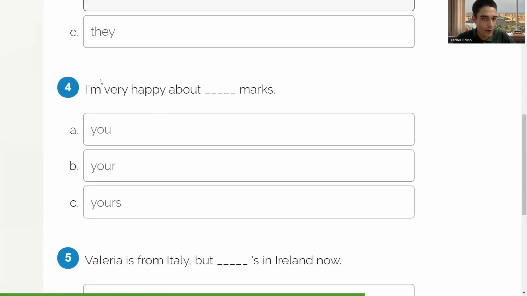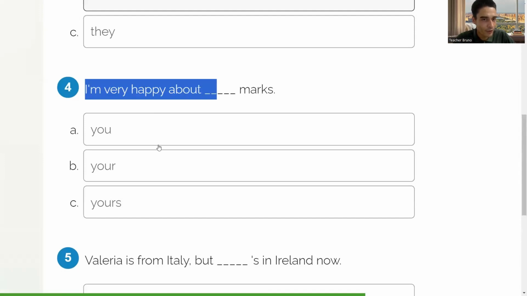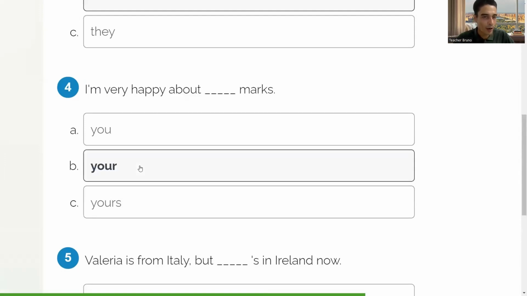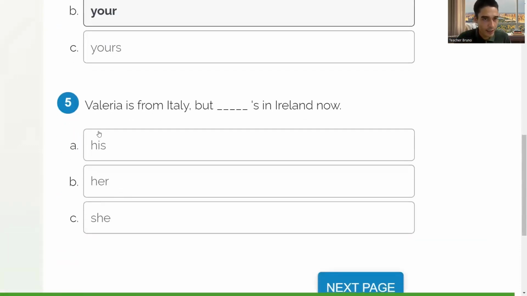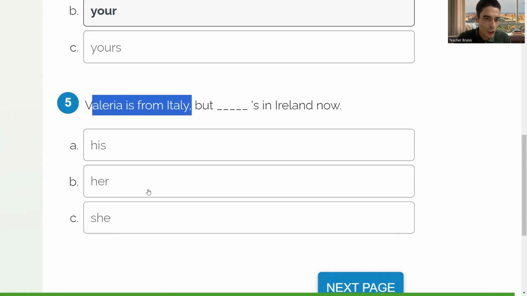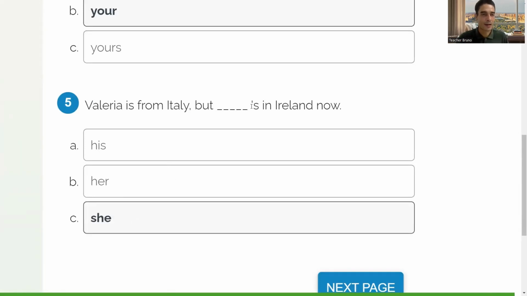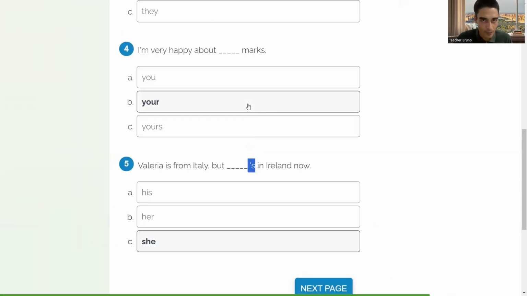Number 4, I'm very happy about your marks. Remember, no plural form. So yours, it's incorrect. I'm very happy about your marks. And number 5, she's from Italy, but she's in Ireland now. So this is the verb to be contracted form, subject pronoun.